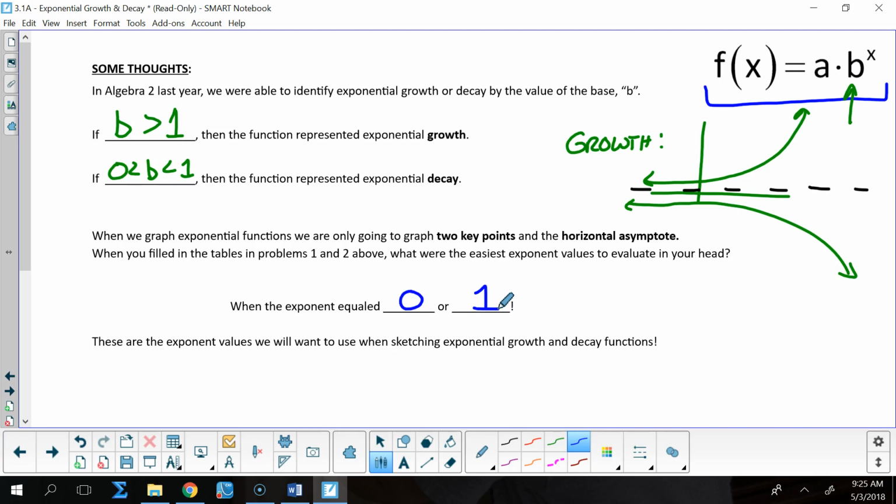Okay? If I can get it equal to 1, then I just have to multiply a times b, and it goes through that point. Okay? So it's nice if we can get our exponents equal to 1 and equal to 0. Okay?